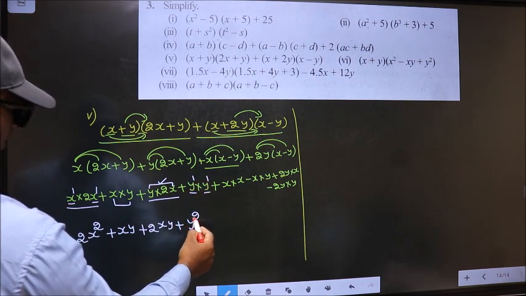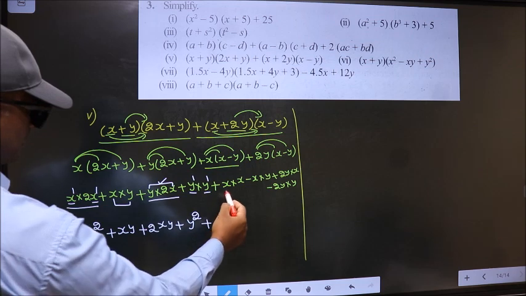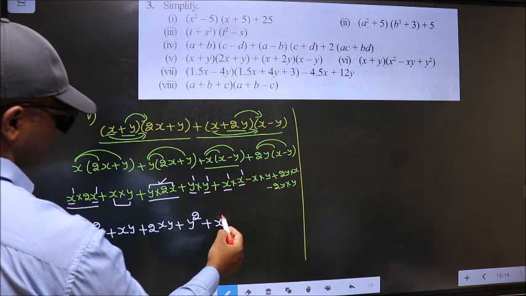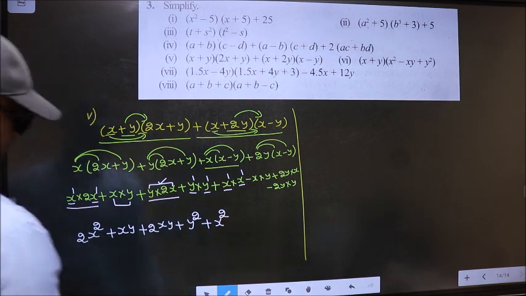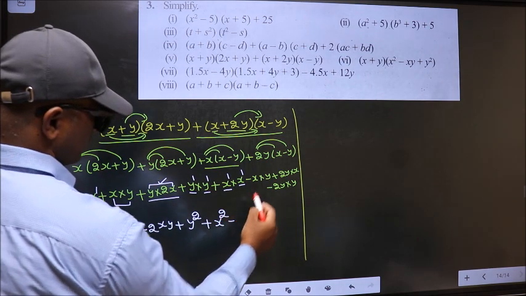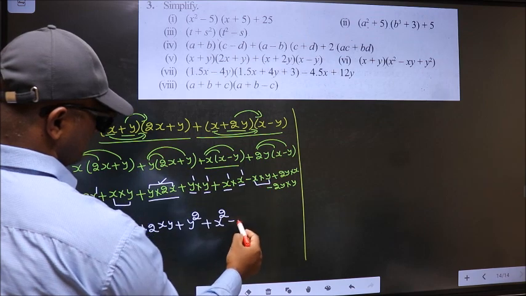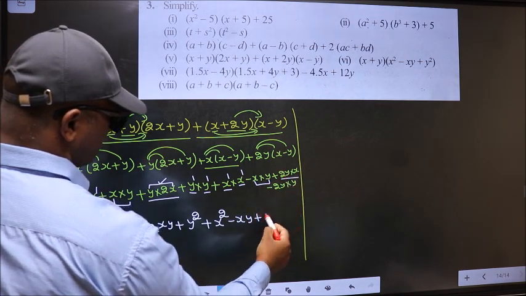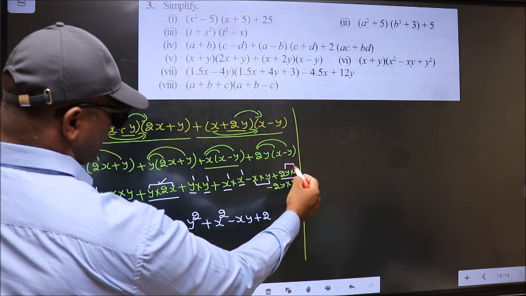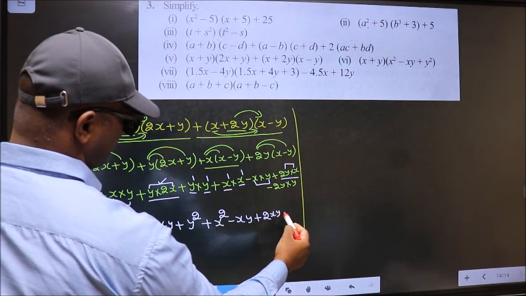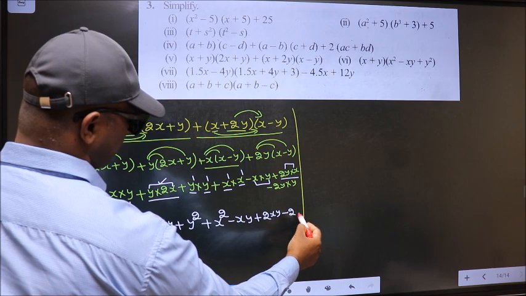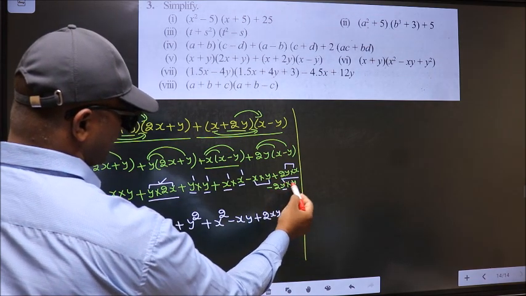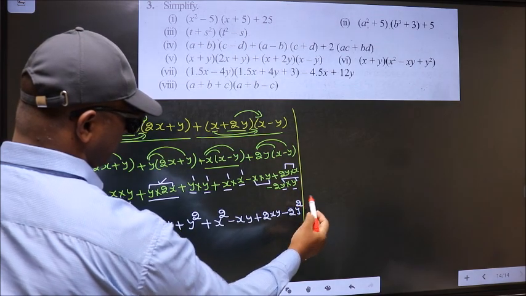So 1 plus 1, 2. Plus x, power is sum of the powers, 1 plus 1, 2. Minus, letters are different, so you write as it is. Plus here number first, letters are different, so xy. Minus number y, you get y, power, add the powers, 1 plus 1, 2.